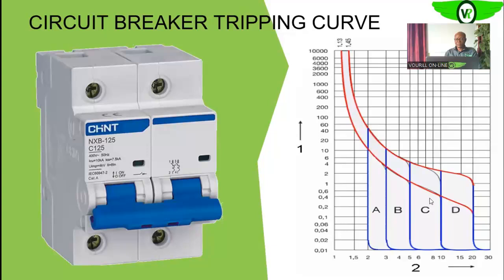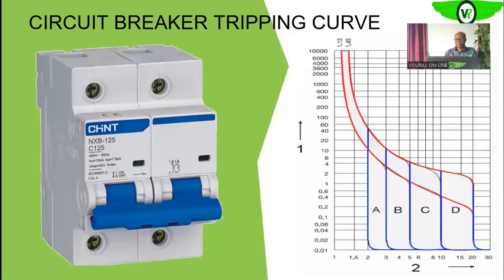So before the C breaker will trip, if at all, the cable would have been destroyed. So you see that for us to have a better protection, we need a B circuit breaker for those protections. So the A circuit breaker is for more sensitive equipment, like electronics loads.